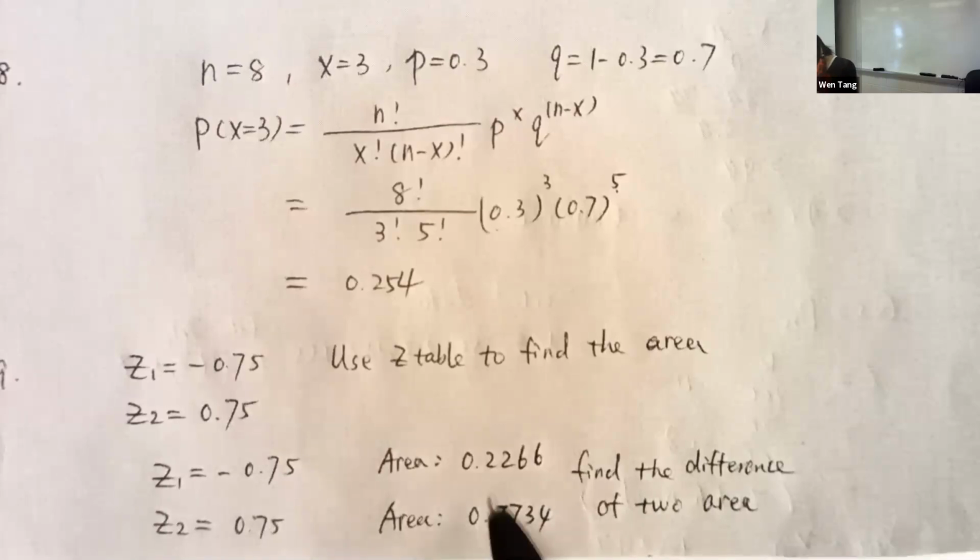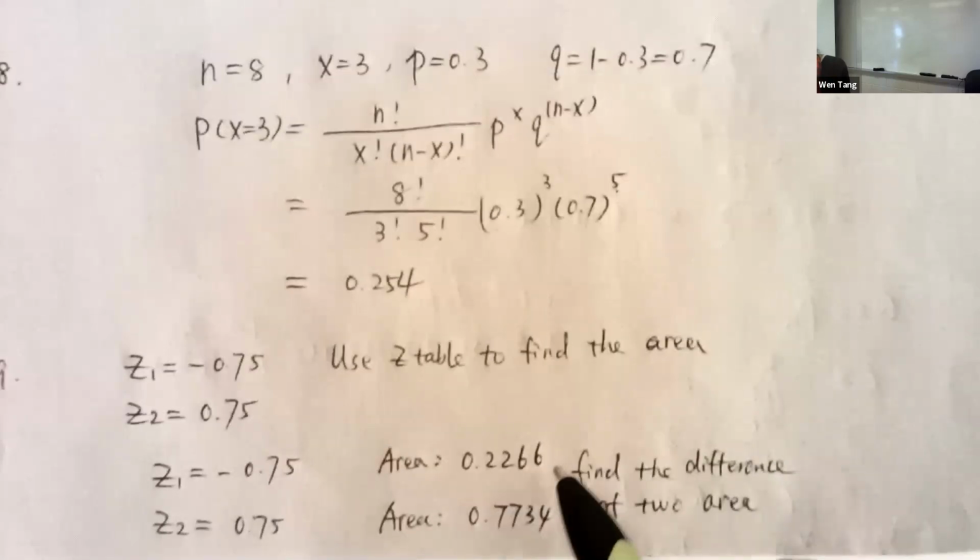By this time, you should be very familiar with how to use the Z table to check the corresponding area. This time we have a negative Z, which means we should check the negative Z table. We find this is the corresponding 0.2266. So this is the first area.